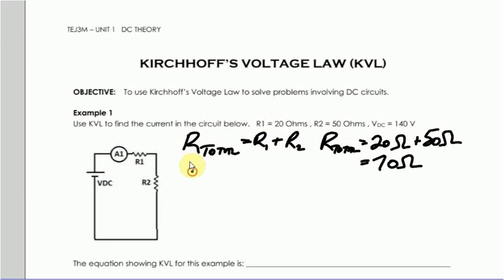So the amount of resistance in this series circuit is 70 ohms. I can figure out the current now, which in this case, there is only one current, that's the total current, is equal to the voltage divided by the total resistance.